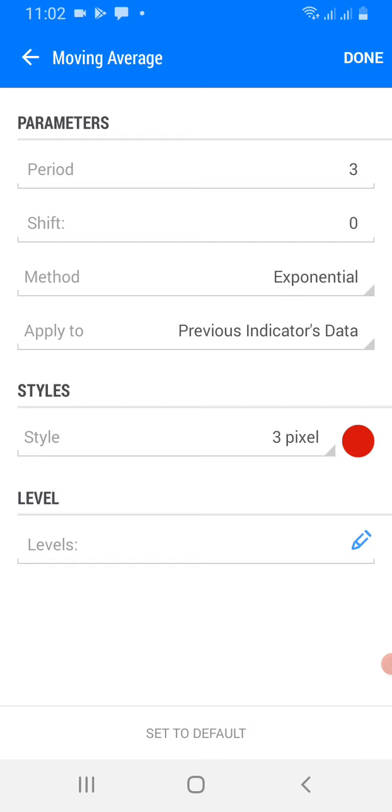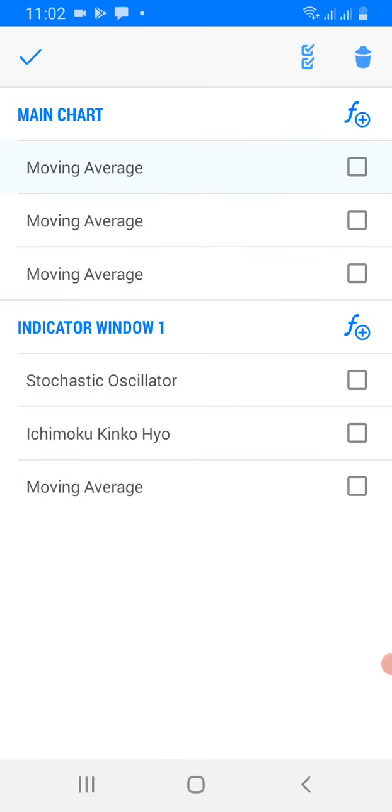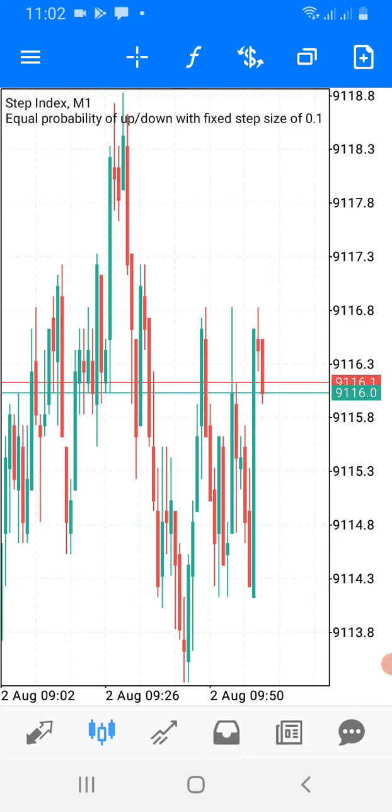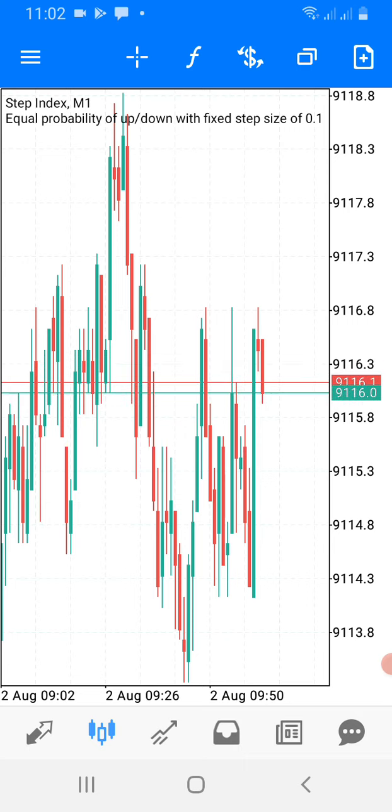The indicators we'll need, as you can see on my screen, are six indicators. Let me delete them. Yeah, I've deleted the indicators. Right now, I'm going to set the indicators.